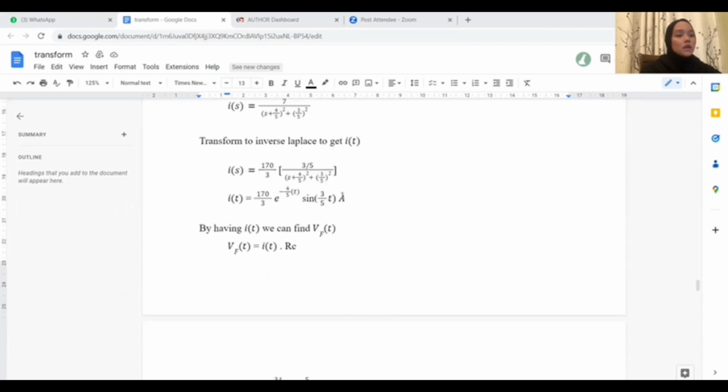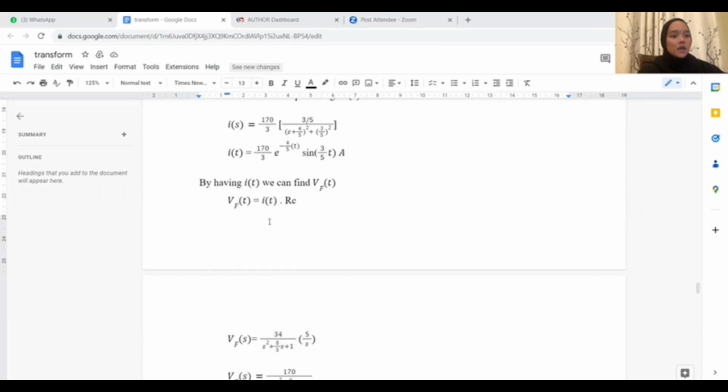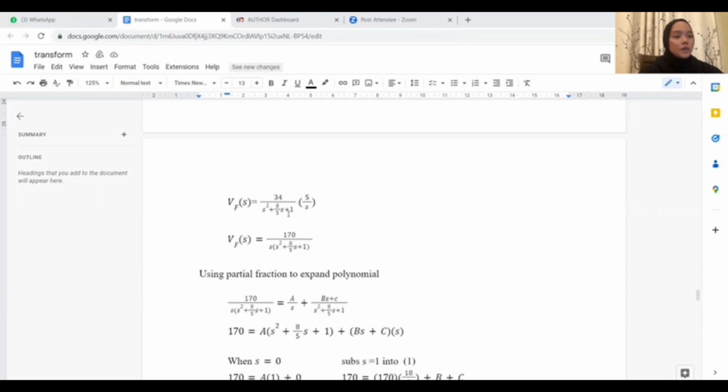After that, we transform using the inverse Laplace in order to get our I(t), since the inverse Laplace is used to transform the function from the frequency domain to the time domain. This is in time domain form. Since we already obtained I(t), now we can find VF(t) by simply using Ohm's law, which is VF(t) equals I(t) times R_C. And then we will get our VF in the s domain.